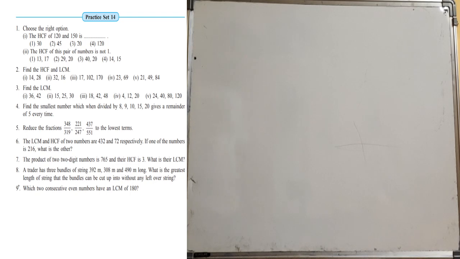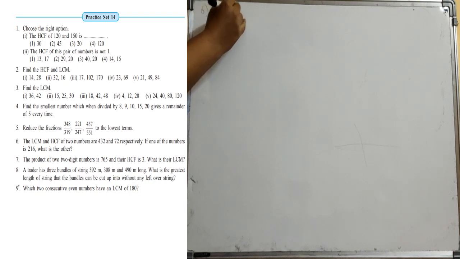Now let us look into question number 6. The question reads, the LCM and HCF of two numbers are 432 and 72 respectively. If one of the numbers is 216, what is the other number? So what they have said is the LCM and HCF of two numbers are given.